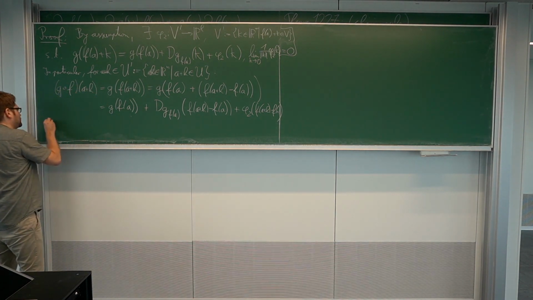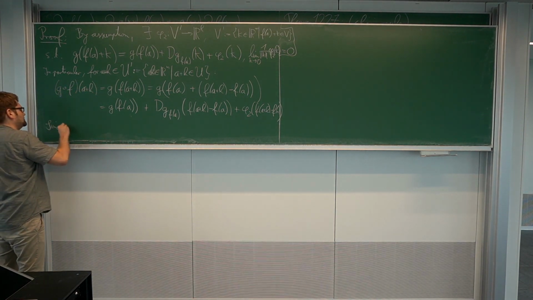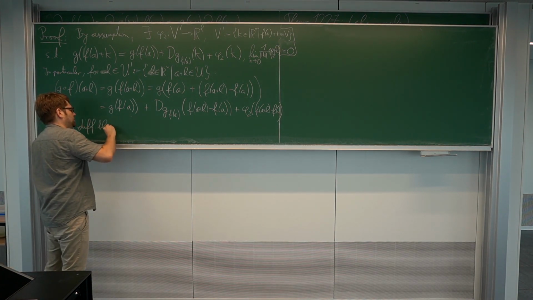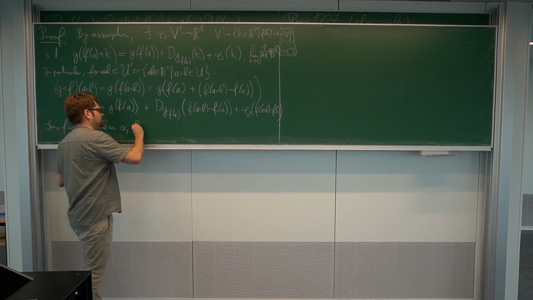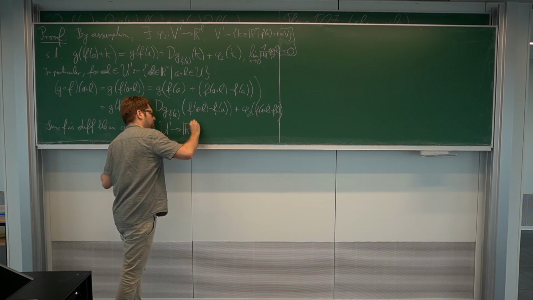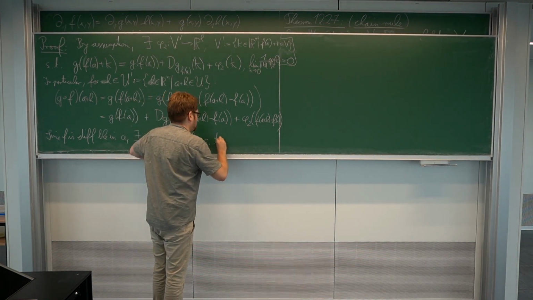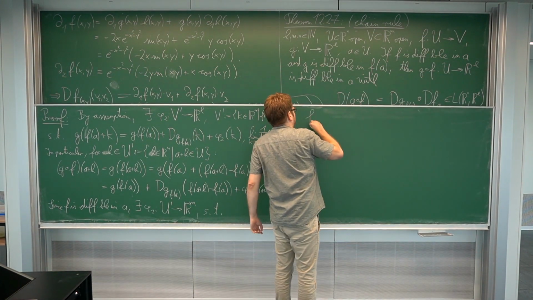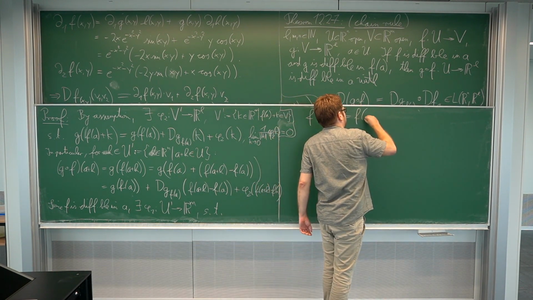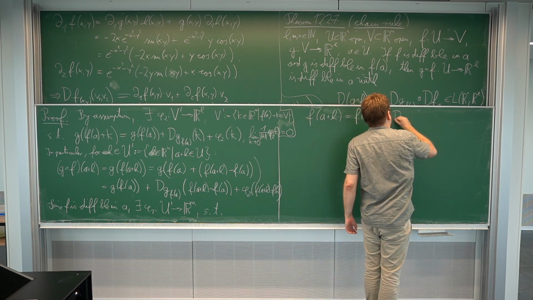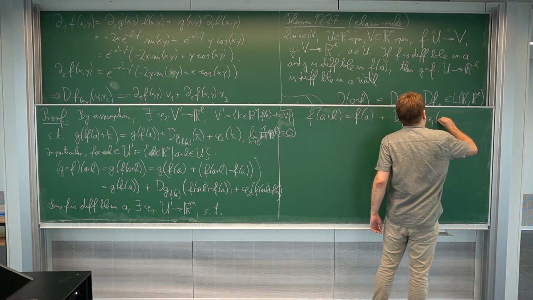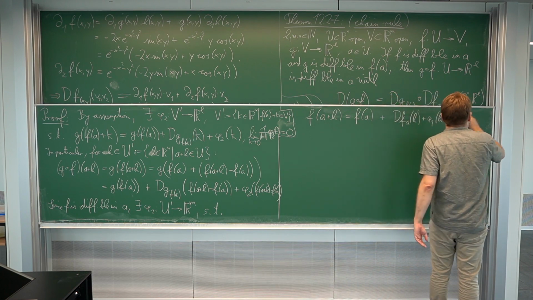Namely, since F is differentiable in A, there exists a map phi 1 from U prime to R to the M, such that F of A plus H is equal to F of A plus df A of H plus phi 1 of H, where again phi 1 is this rubbish function.